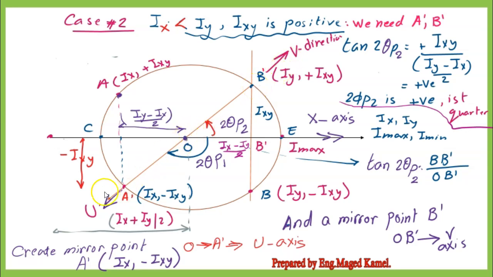Joining OA dash will show the UU direction when the x-axis is in the horizontal direction. Imagine that we rotate axis OE in the clockwise direction by an angle of 2 theta B1. Joining OB dash will show the VV direction when the x-axis is in the horizontal direction. The angle 2 theta B2 is the central angle shown between axis X and axis V.